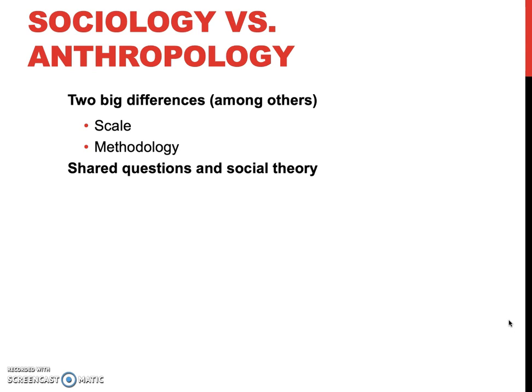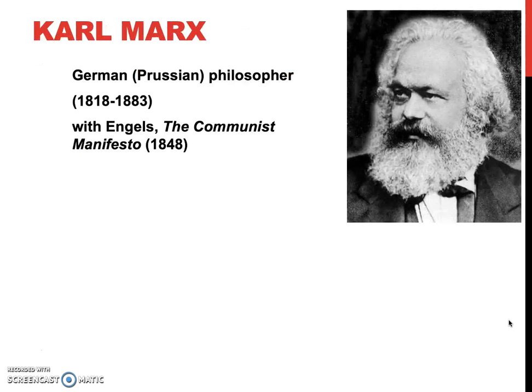But sociology and anthropology, and also political science, economics, and religious studies, all began as the same field, and all had a shared set of social theory that informed them in the 19th century and into the 20th century as they started to divide into specializations.